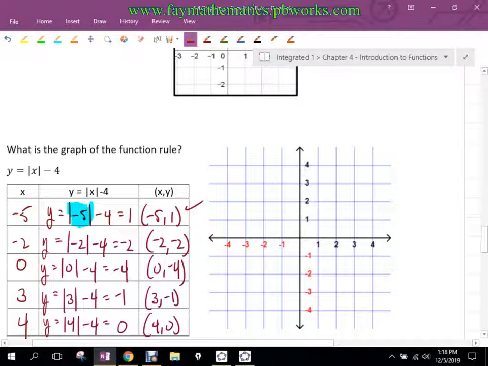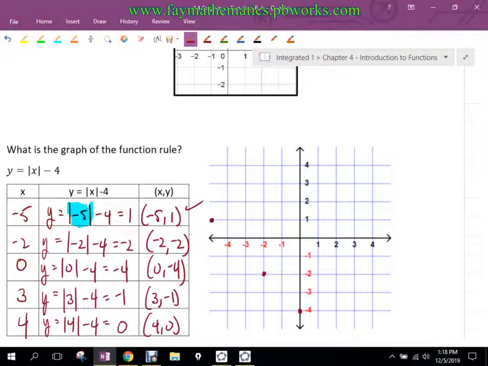Okay. Negative 5, 1. So maybe right there. Negative 2, negative 2. Right there. 0, negative 4 right there, right? So now I've graphed 3 points. Do those 3 points look like they fall in a line? Yeah, and they do.